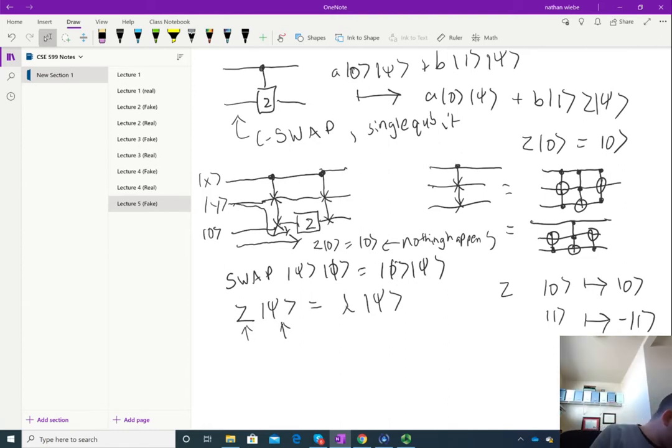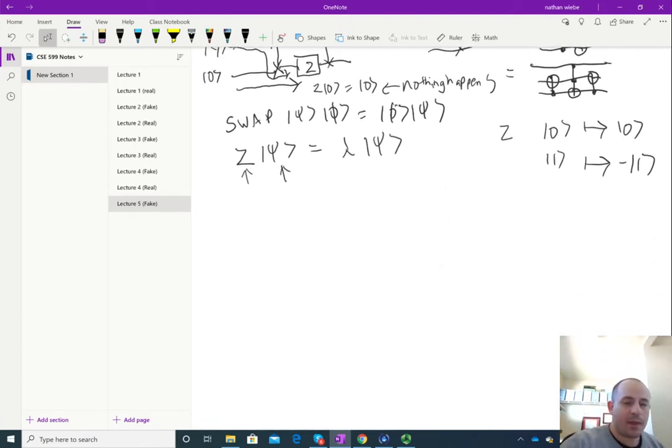We're going to do the exact same sort of thing in order to be able to implement the controlled swap operation. Not the controlled swap operation. We are going to implement the controlled RZ operation. So let's take a look at the following circuit.